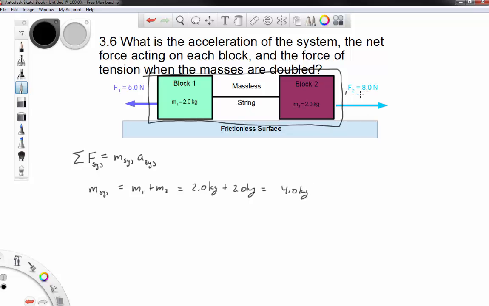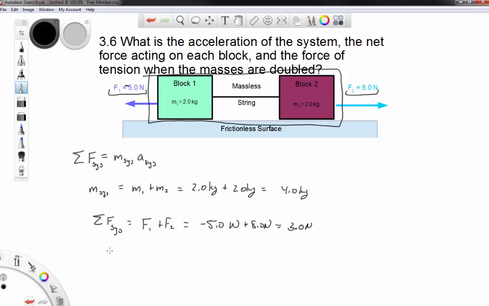The forces acting on the system are force number 2 and force number 1, which act in opposite directions, so we can introduce a minus sign to represent that. So the sum of forces on the system should be F1 plus F2, and that's negative 5.0 newtons plus 8.0 newtons, or 3.0 newtons total. So we have the same net force on the whole system.